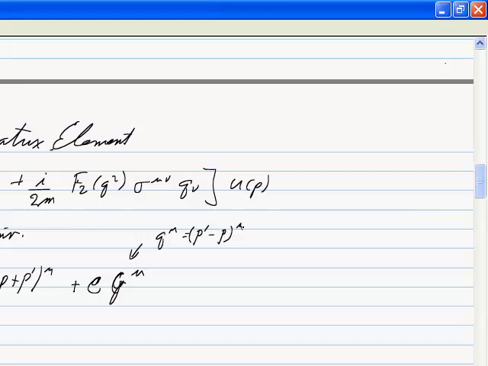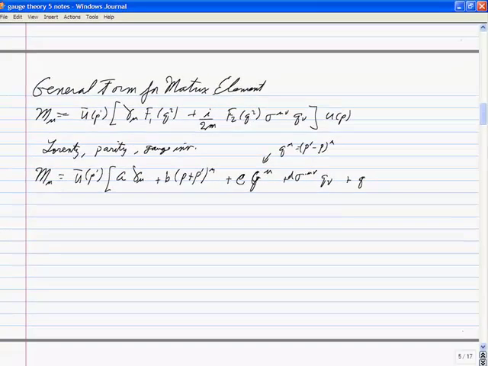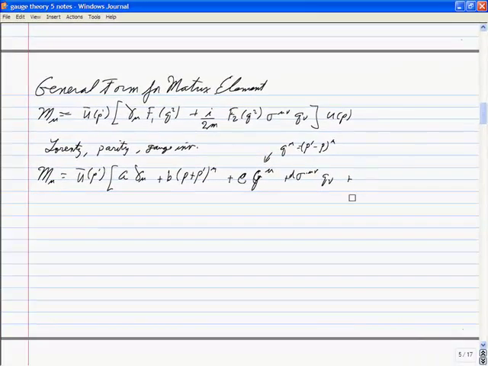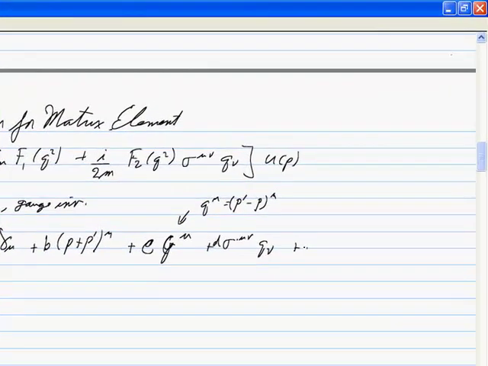It certainly could have σ^μν q_ν. It could have σ^μν P_ν, so that's p plus p'.